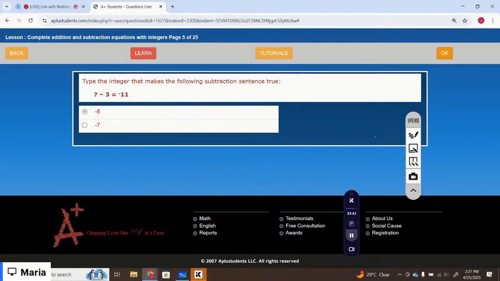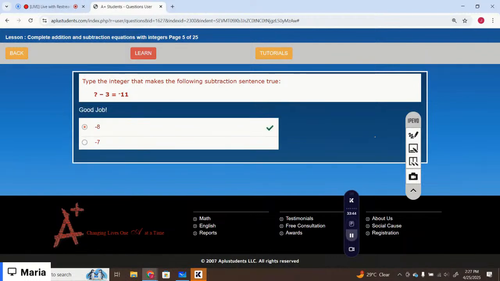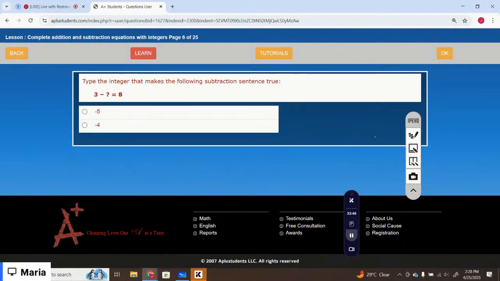Negative 8 minus 3 equals negative 11. Type the integer that makes the following subtraction sentence true.